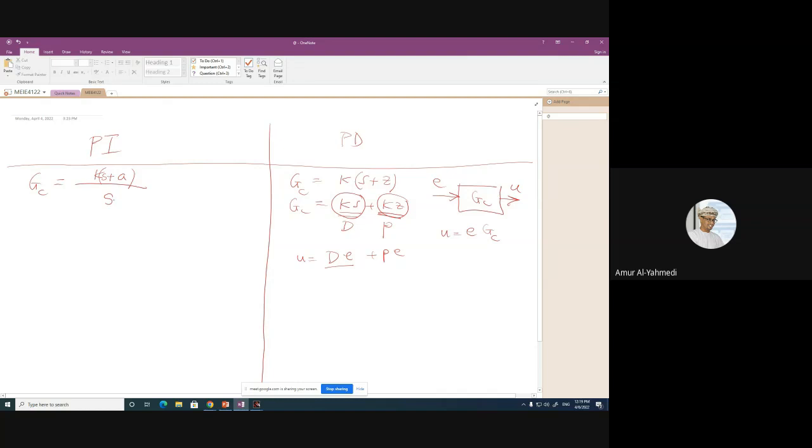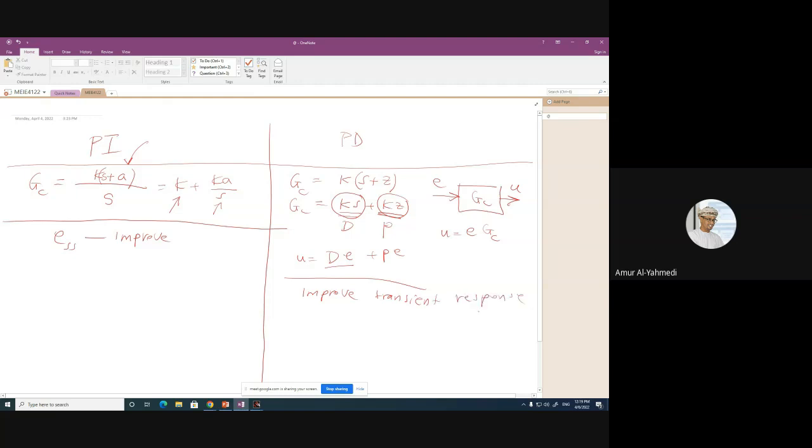If you simplify it, S over S will be just K plus KA over S. So this is proportional, and this is integral because you are dividing by S. So you are adding a pole at the origin and a zero very close to it. This will improve the steady state error. And the objective of this one is to improve transient response.